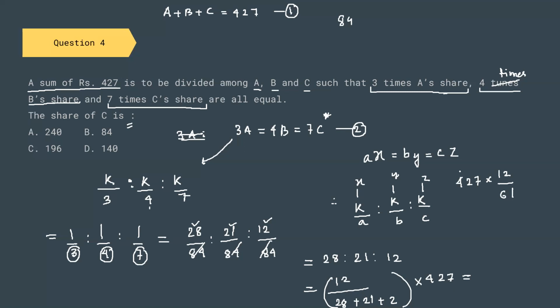Now wait, before you touch the online calculator, let's see if we can simplify this relationship or not. If you look carefully, the only way we can simplify this equation is to divide 427 with 61.